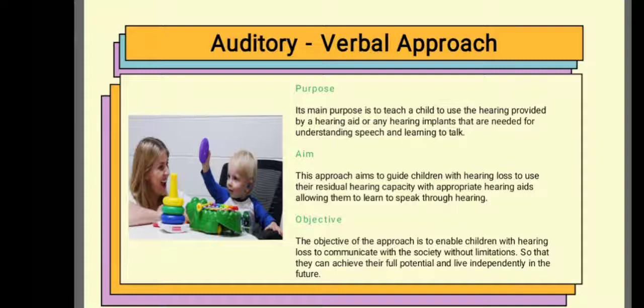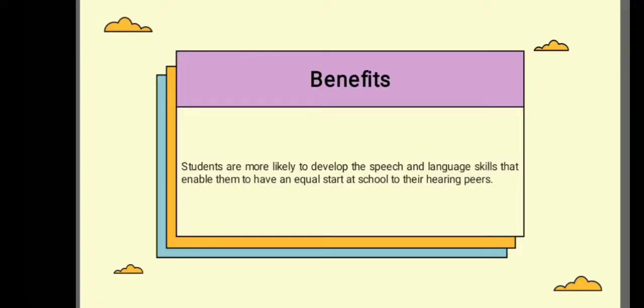It aims to guide children with hearing loss to use their hearing capacity through the use of hearing aids or implants so that they can respond or talk to others through their own hearing. Lastly is the objective, which is to give children with hearing loss an equal status in our society so that they can survive and be independent in this harsh world.